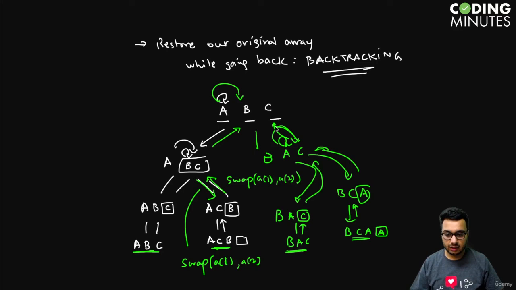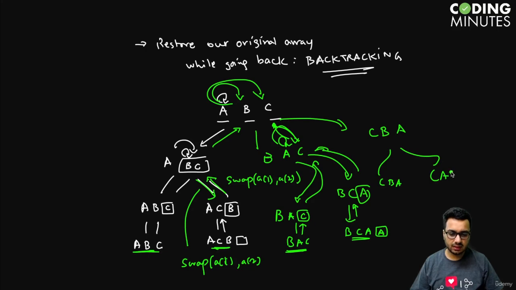Again you come here, A gets replaced with C, it becomes CBA, and CAB. Go back, it becomes CBA, you go back, it becomes ABC.